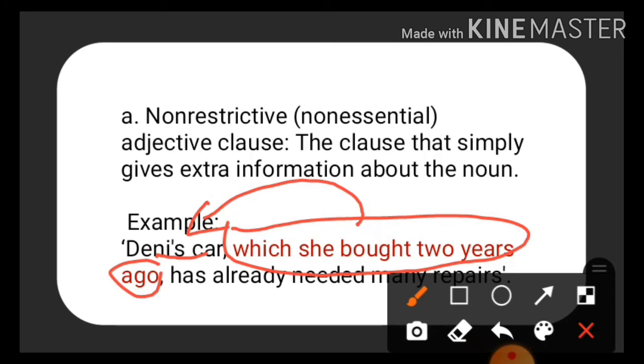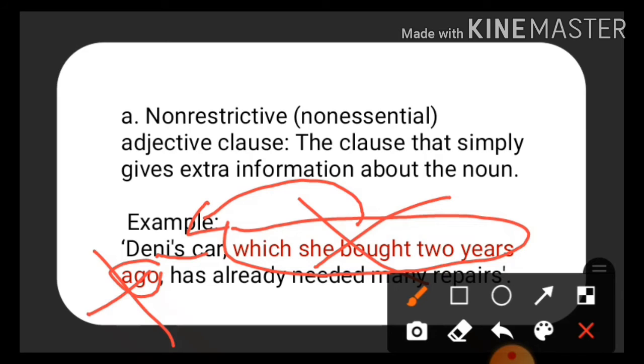Nah, kenapa disebut non-esensial? Karena kalaupun adjective clause-nya ini nggak ada di kalimat ini, maka kalimat ini tuh sudah menjadi kalimat yang komplit. Kita sudah tahu maknanya. Nanti jadinya kalimatnya begini. Danny's car has already needed many repairs. Jadi, kita udah tahu maknanya.